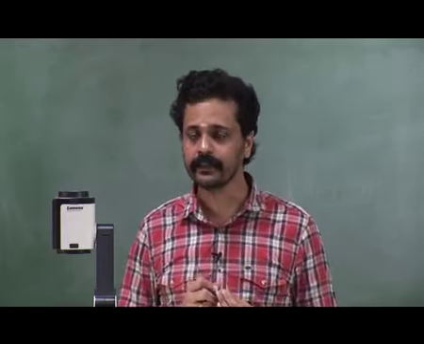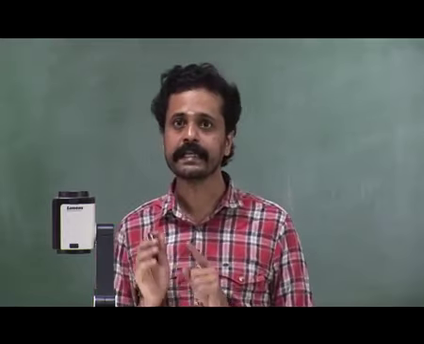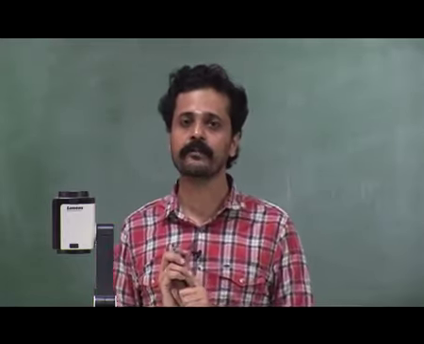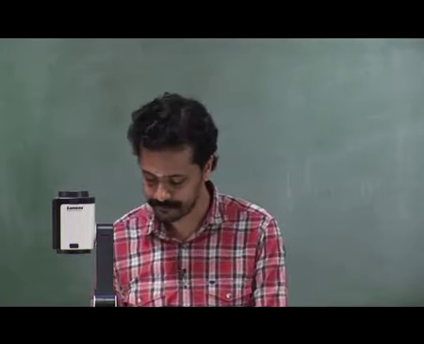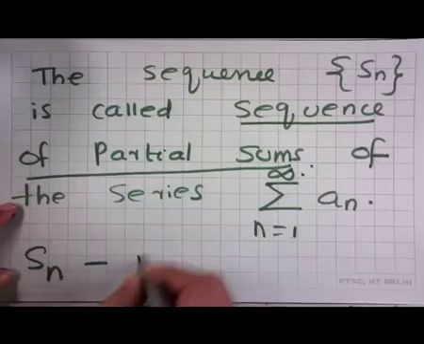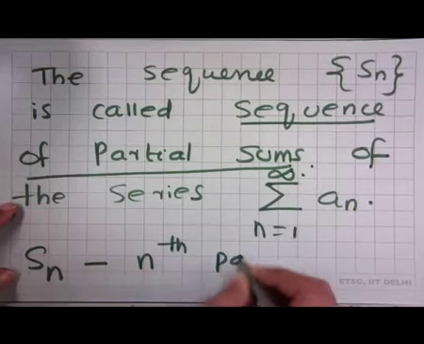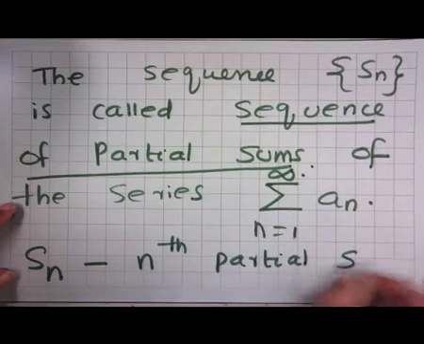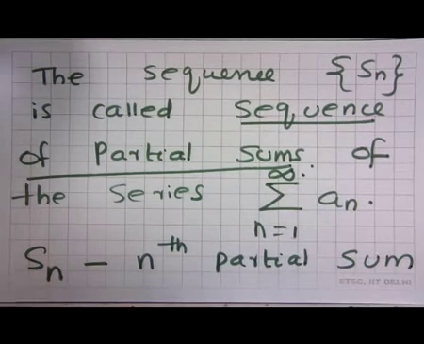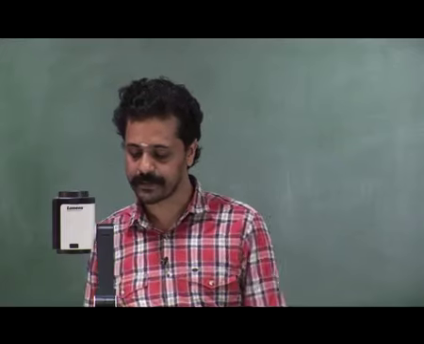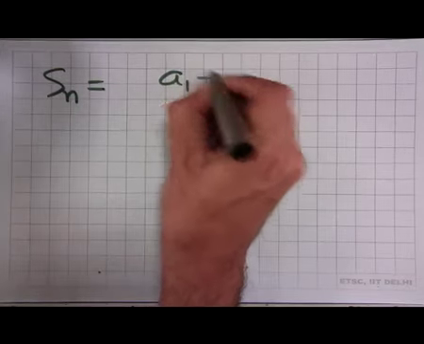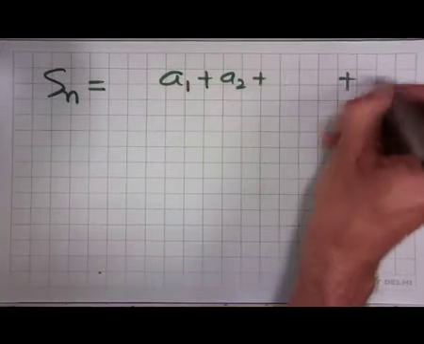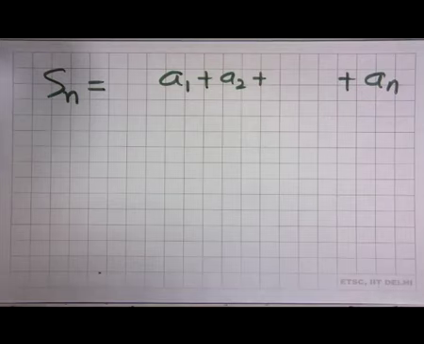The nth term, namely Sn, in the sequence of partial sums is called the nth partial sum. Remember, the nth partial sum Sn is a1 plus a2 plus etc. plus an, which can be found by normal addition.